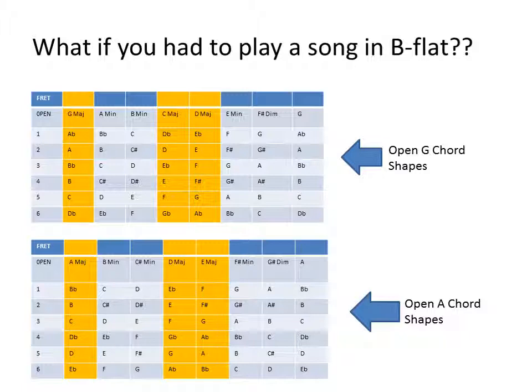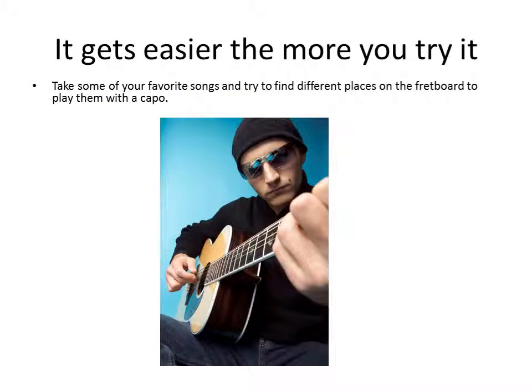But you have to practice trying it. You need to take some of your favorite songs and say, I know I can play this without a capo. I want to try to play it with a capo. Let me see how that would change around. Or I like to play this song with bar chords. Well, let me try to rearrange it where I can play it with a capo. Just try to figure some of them out.